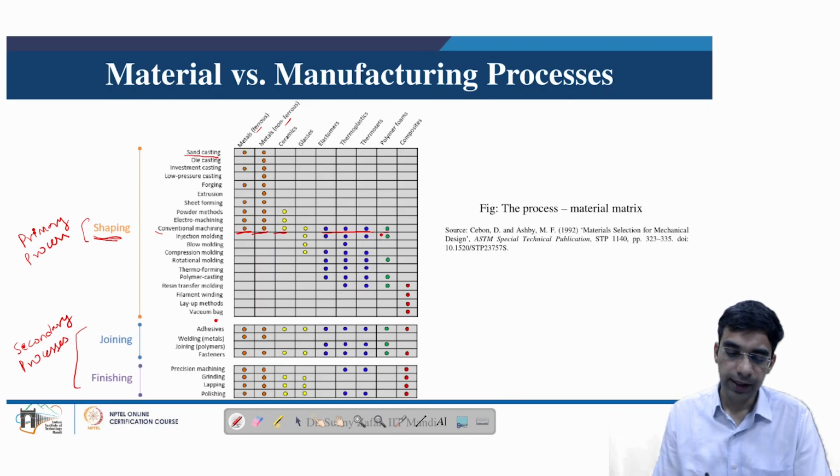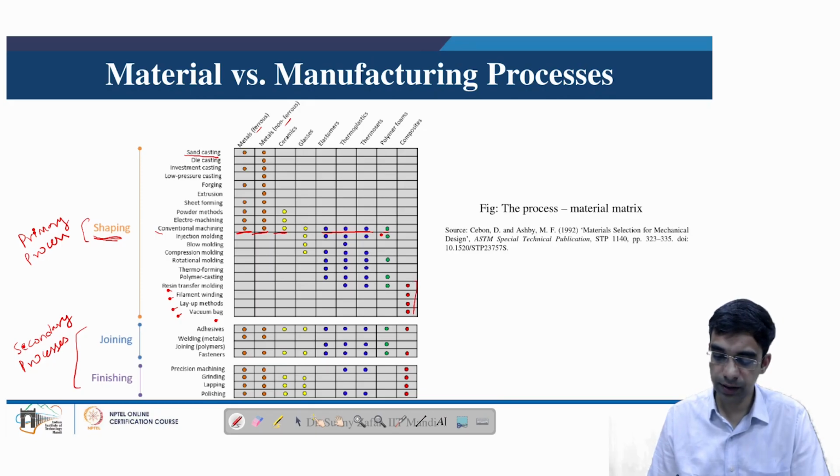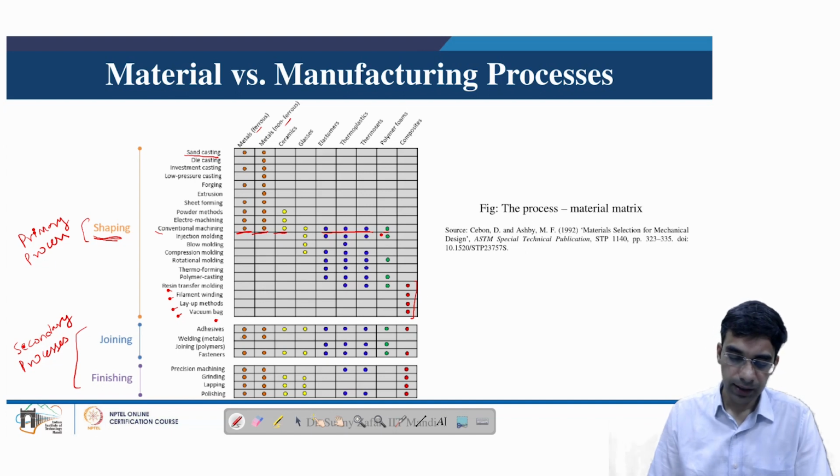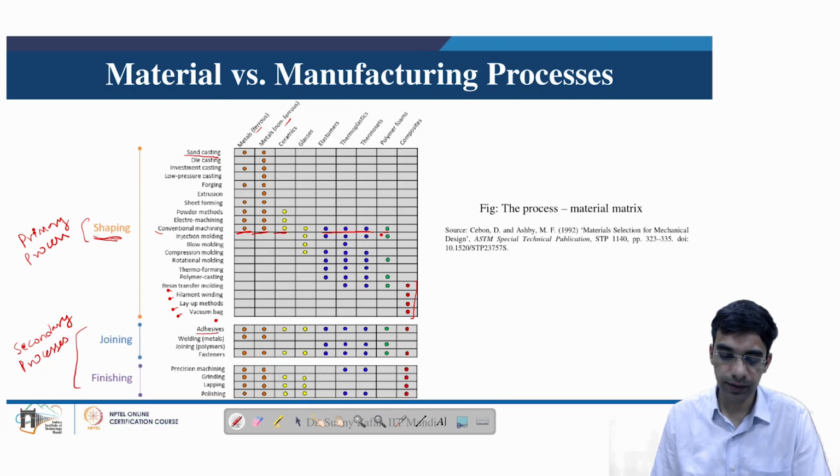Then there may be certain processes, like the last of the primary manufacturing processes shown here, like resin transfer molding, filament winding, layup methods, vacuum bagging, which are only suitable to certain composites, and particularly, say, polymer matrix composites. Similarly, in case of joining based processes, we have adhesives, where adhesives are used to join different parts.